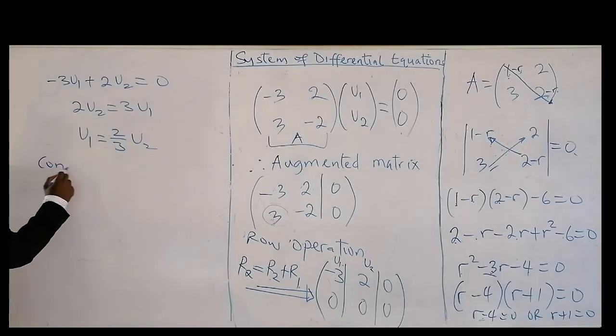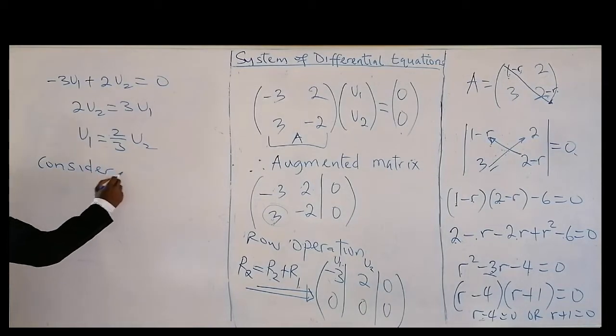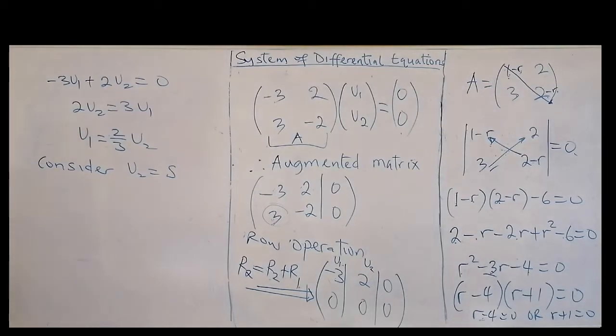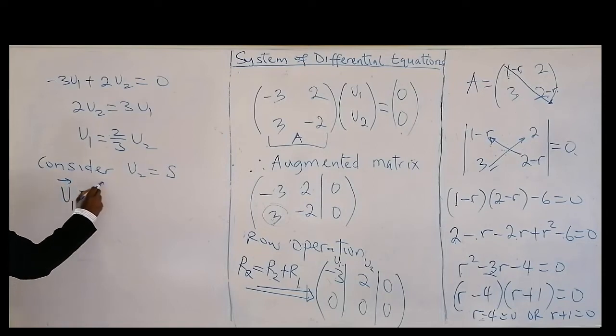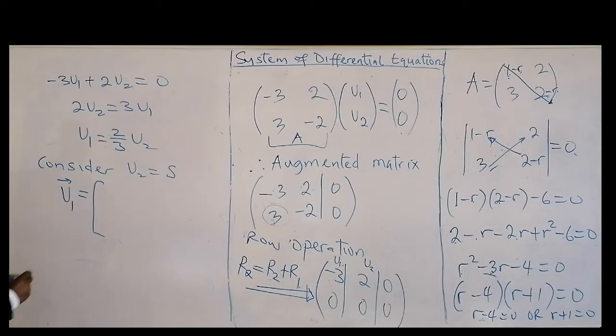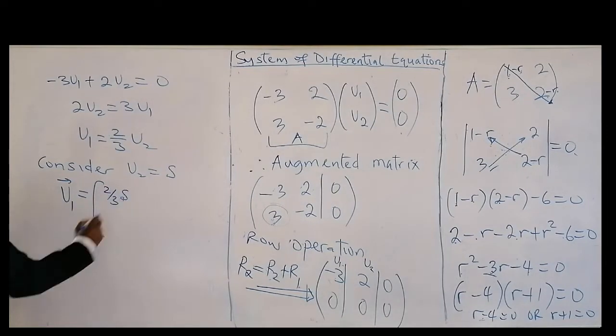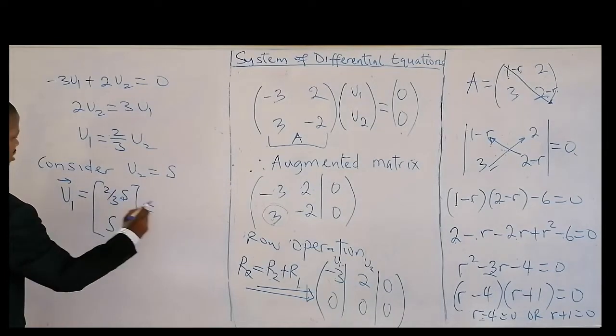So let's consider u2 to be this s. The eigenvector will be equal to what? u1, u2. My u1 is what? 2 over 3 s. My u2 is what? Is this. You can factorize this one.